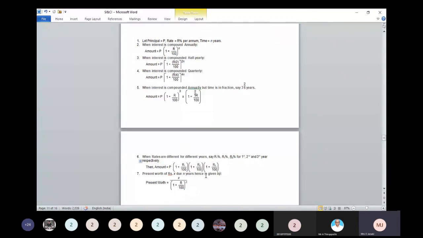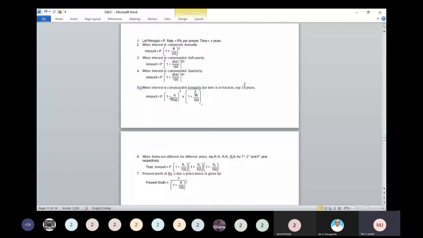When the interest is compounded annually but the time is a fraction. See, the first case is annually, the second case is half yearly, and the third one is quarterly. Whenever time is given as a fraction, such as 3 years and 2 by 5 years, write the formula P into 1 plus R by 100 whole power n, where n is for whole years compounded annually.